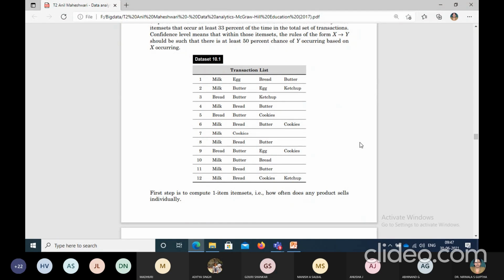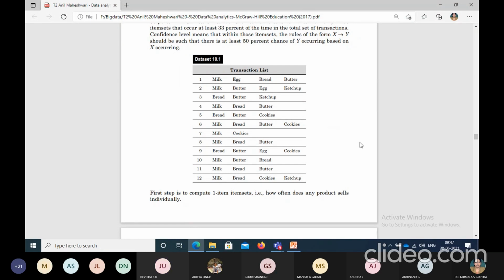Can you count the number of times milk is sold in those 12 rows? Can you just count it and tell me how many times milk is being sold in 12 transactions? 9, ma'am. Wonderful.